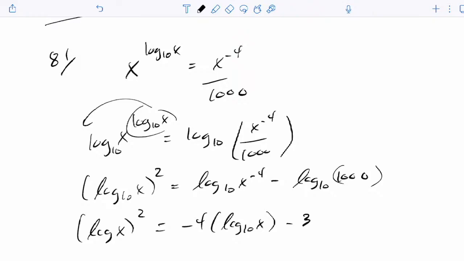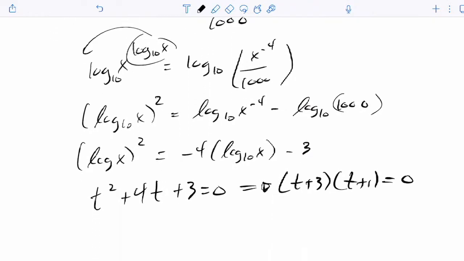And then again, I drop the exponent down. And just like before, you bring everything to one side, you end up getting a quadratic. That factors into t plus 3 times t plus 1 is 0. So you've got two options, either t is negative 1 or t is negative 3.